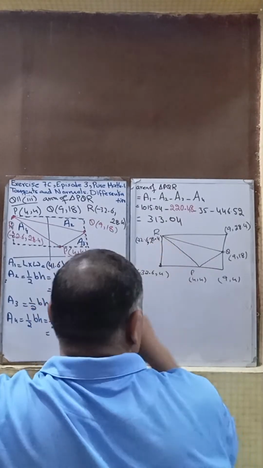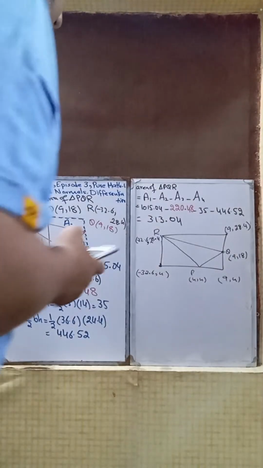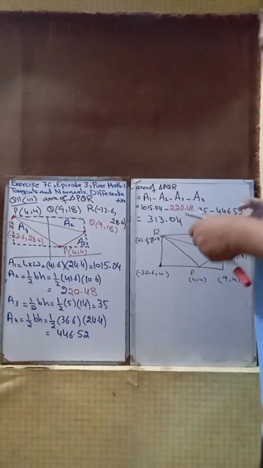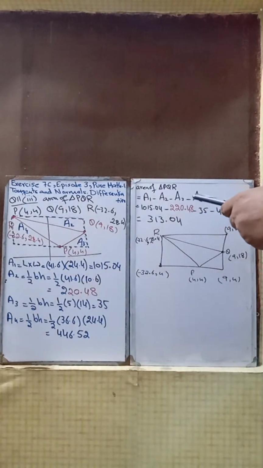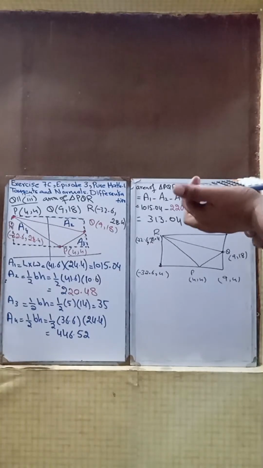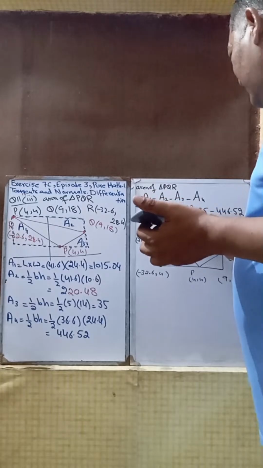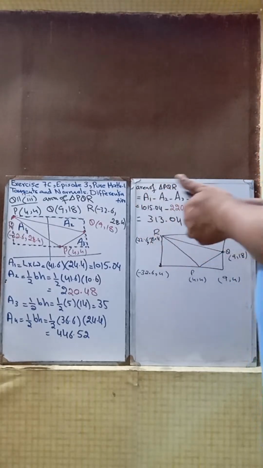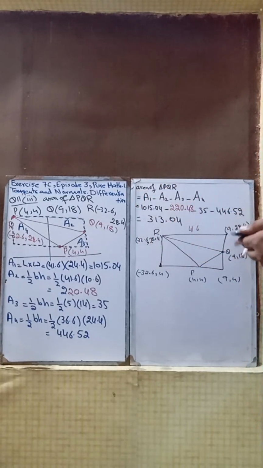So I'm just rechecking it. I just want to make sure that we have made no mistake. Okay. So for example, if you want to find out this length, it will be 9 plus 32.6. So this is supposed to be 41.6. What will be this length?